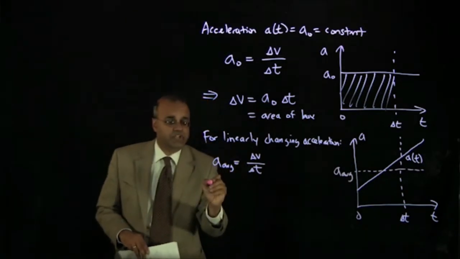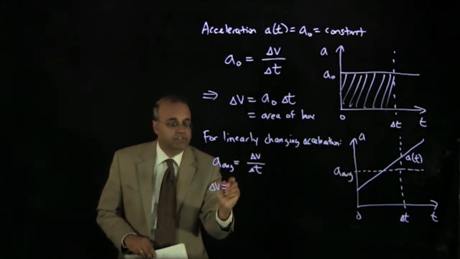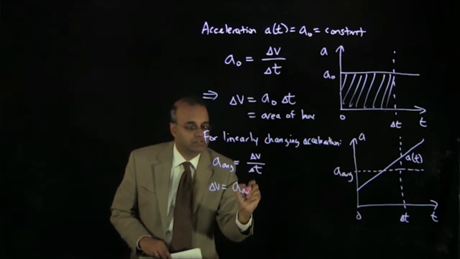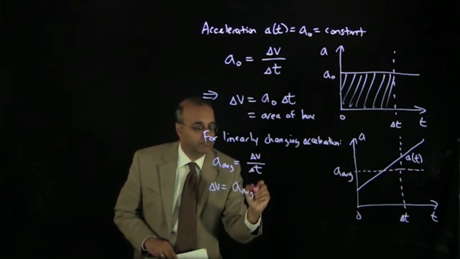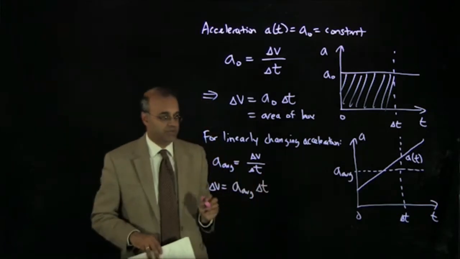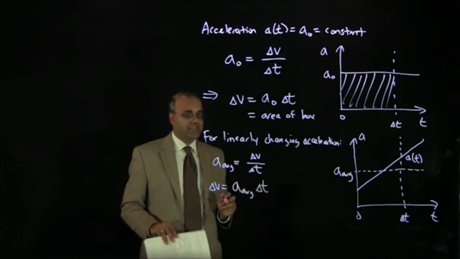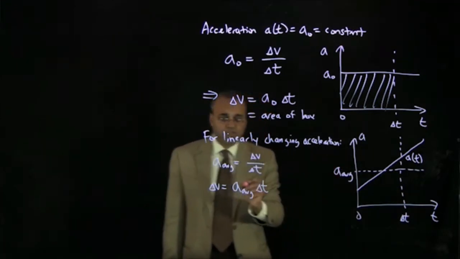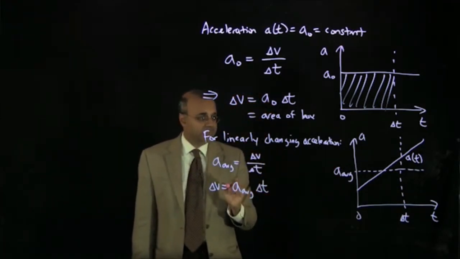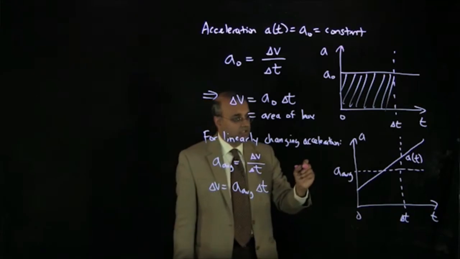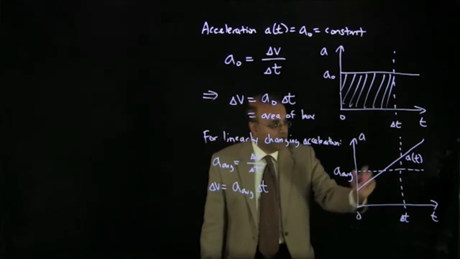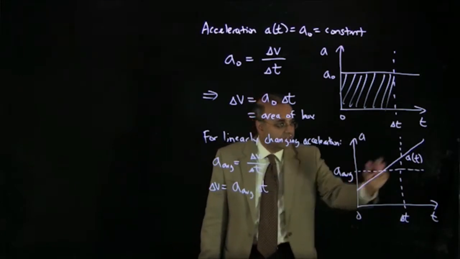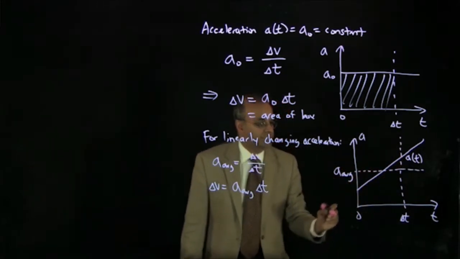And so then the change in velocity, delta v, is equal to the average acceleration times the elapsed time. And this time, notice from the diagram, this product is actually the area of this trapezoid, that's basically the area under the a of t function going from 0 to delta t.